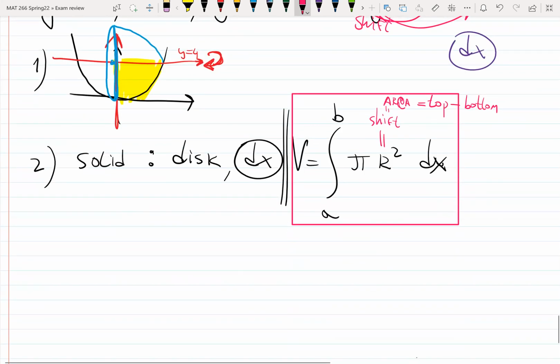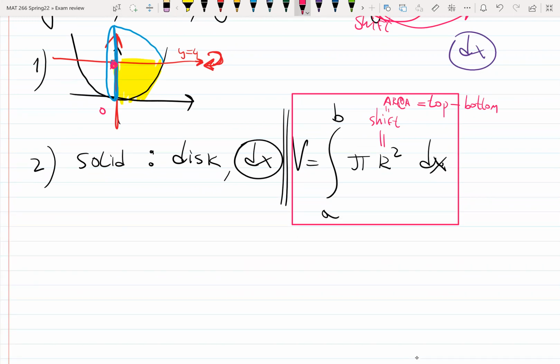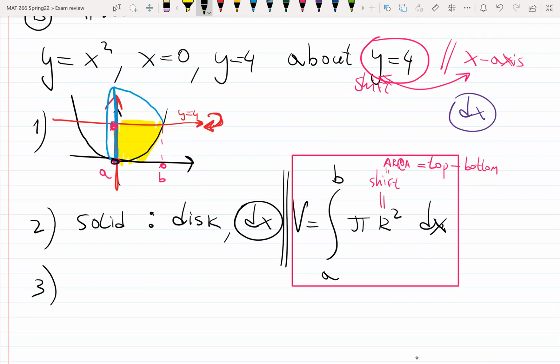So very good. We don't know A and B. A and B tell us where my object is on the x-axis, from A to B. The first one is 0, the second one, we have to figure it out. It's not 4, actually. How to find it? The first one is done by intersecting parabola and x equals 0. So x equals 0 definitely is the first one. But the second one is not obvious.